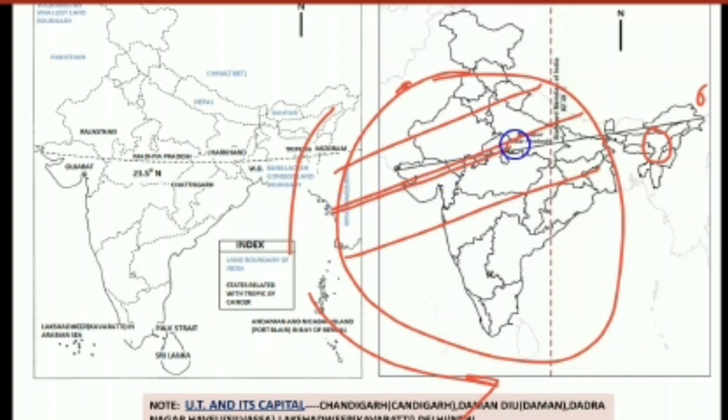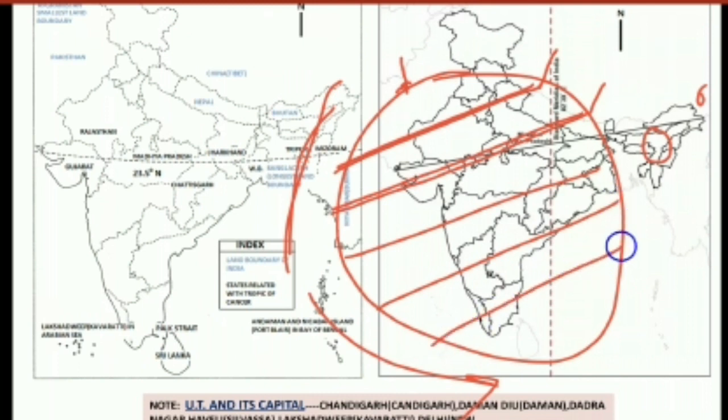So 23.5, this line is known as Tropic of Cancer, and 66.5, this is known as Arctic Circle, and this 90 degree, that is North Pole in the northern hemisphere. And in the south we have 23.5, that is Tropic of Capricorn, 66.5, that is Antarctic Circle, and this is South Pole in the southern hemisphere. So we are in northeastern hemisphere.